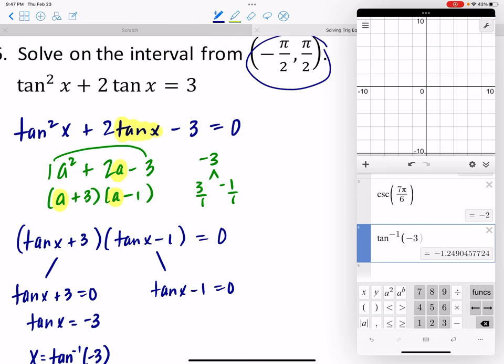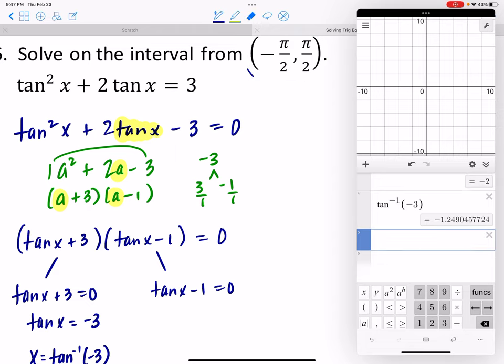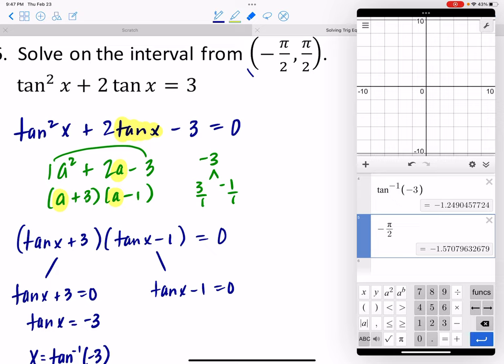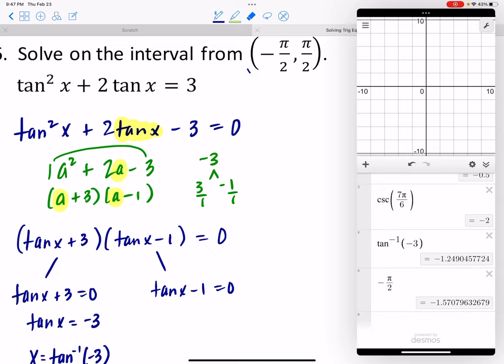I don't really know what the decimal forms of those are, so let me just check. If I put in negative pi over 2 on the calculator, that's negative 1.57-ish. So this is like negative 1.57 to positive 1.